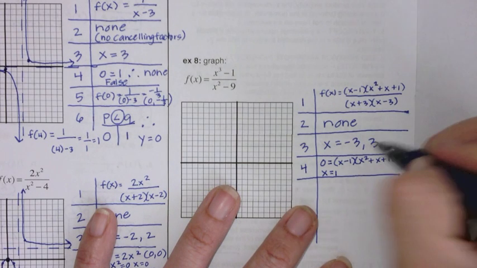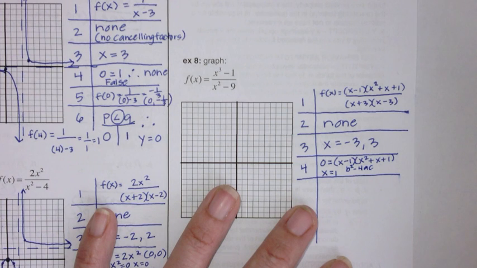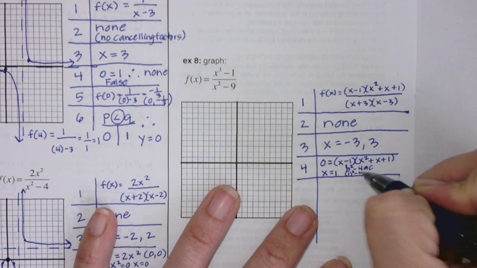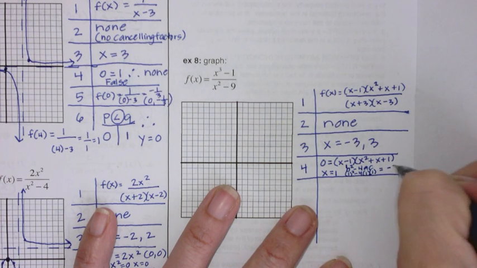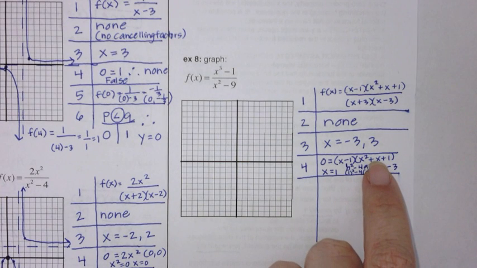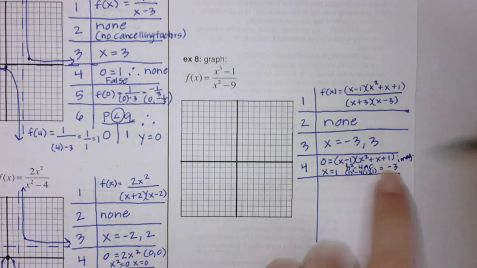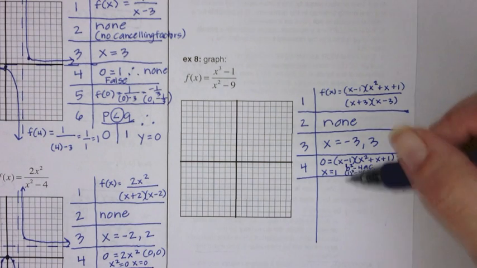The other thing that I'm going to do, just to tie into what we've already talked about because I think it's easier, is I'm going to do the discriminant, which is underneath the radical of the quadratic formula. b squared minus 4ac, so I have 1 squared minus 4 times 1, which equals 1 minus 4. It's negative 3. What that tells me is that the solutions to this equation right here, or the zeros, are imaginary. So am I going to see them on a real number graph here? No. So the only one I'm going to get is x equals 1.